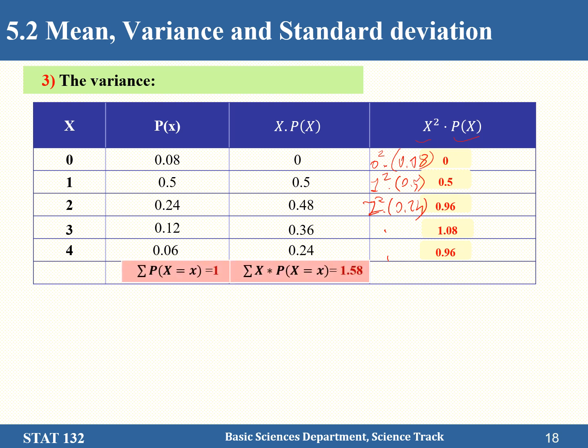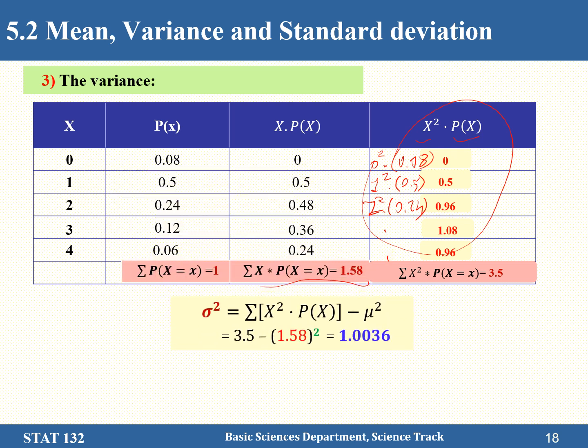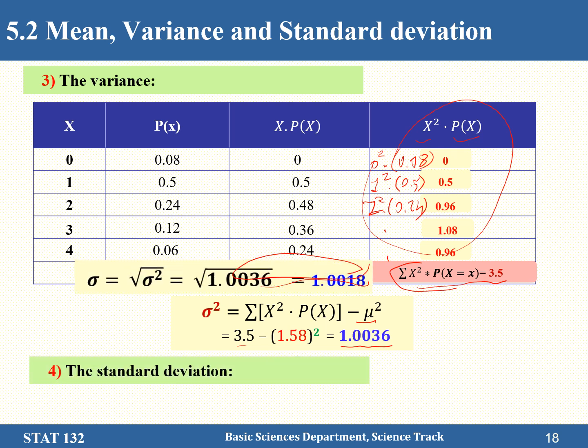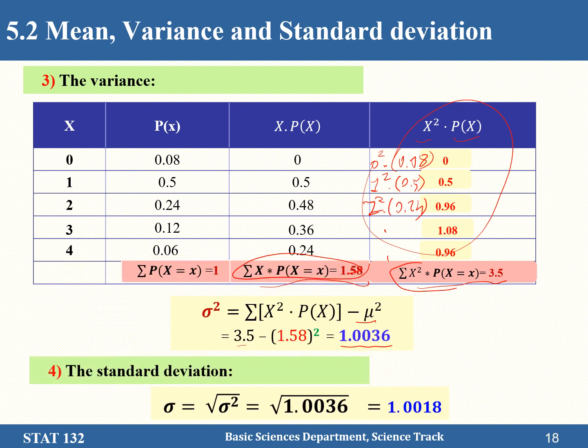And we will get the sum. Okay, we know the mu, and we get the sum of this part. And now we can subtract mu squared, so take it squared and subtract it from this value 3.5. We'll get 1.0036. And now this is the variance, and now the standard deviation is, obviously, its square root, which is 1.0080.